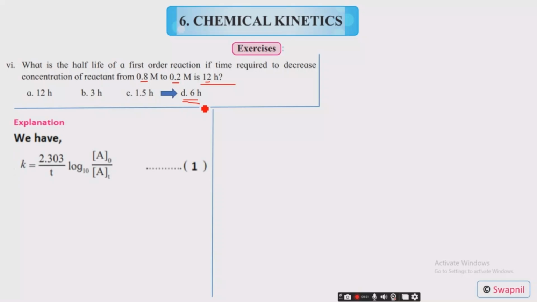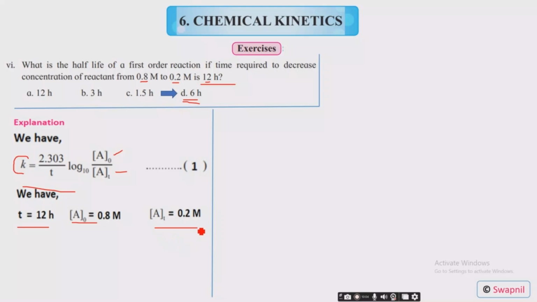First we have to determine the rate constant for the equation. We know that for a first order reaction, K is equal to 2.303 divided by T log of concentration of A0 divided by concentration of At to the base 10. So we have T is equal to 12 hours, A0 is equal to 0.8 molar, concentration of At is equal to 0.2 molar.